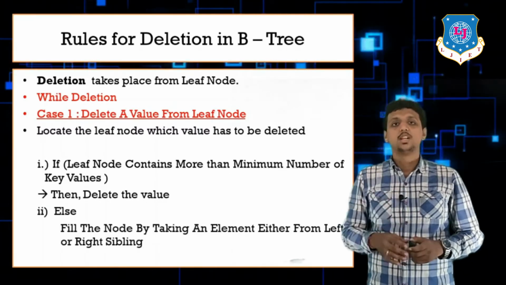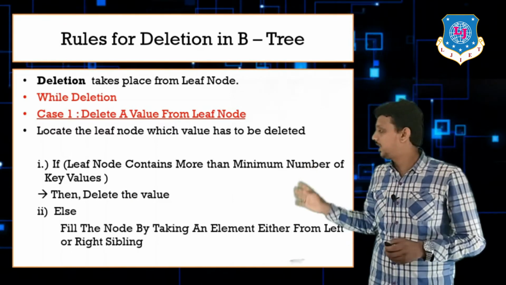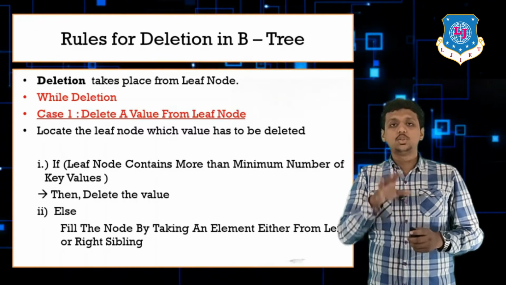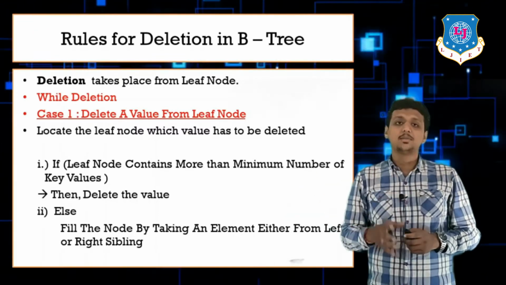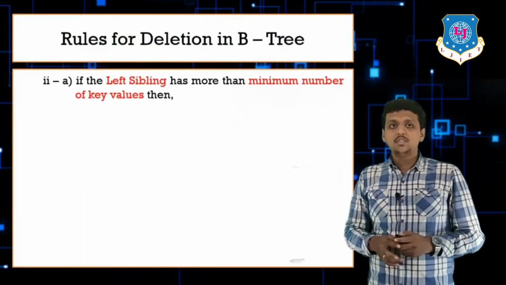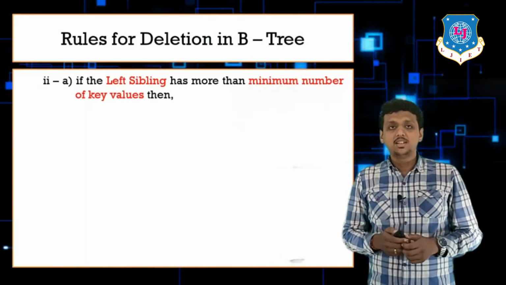So here if a leaf node does not contain the minimum number of values, students, then you need to take a value from the left sibling or right sibling of that leaf node. So how can we select the left sibling and right sibling?